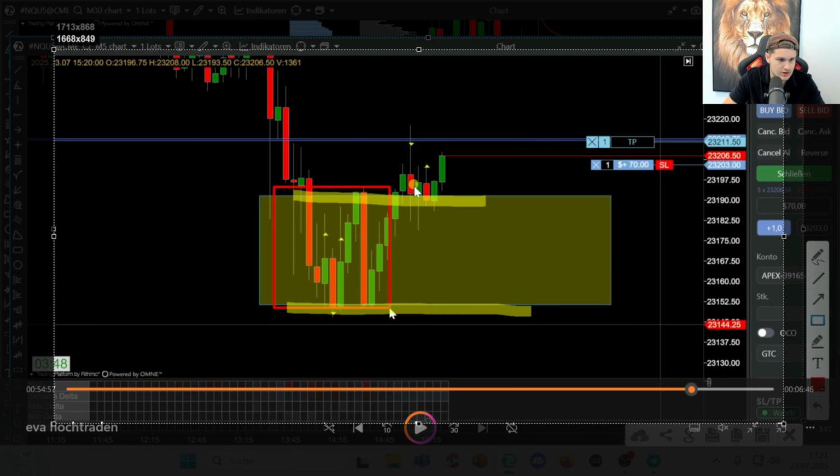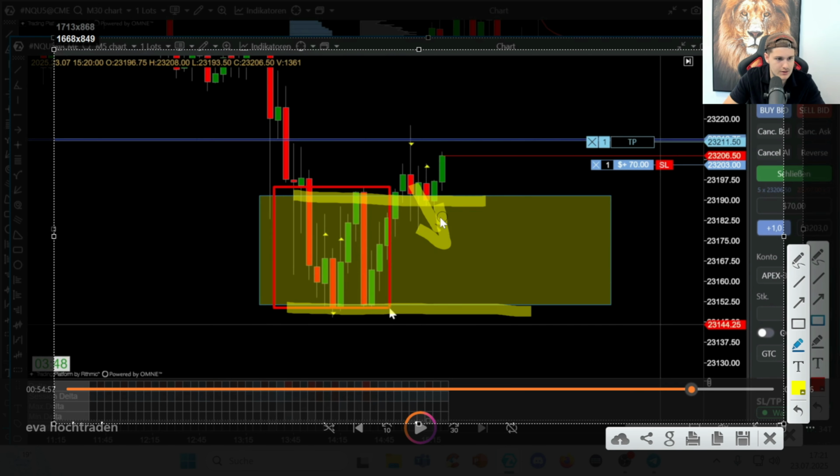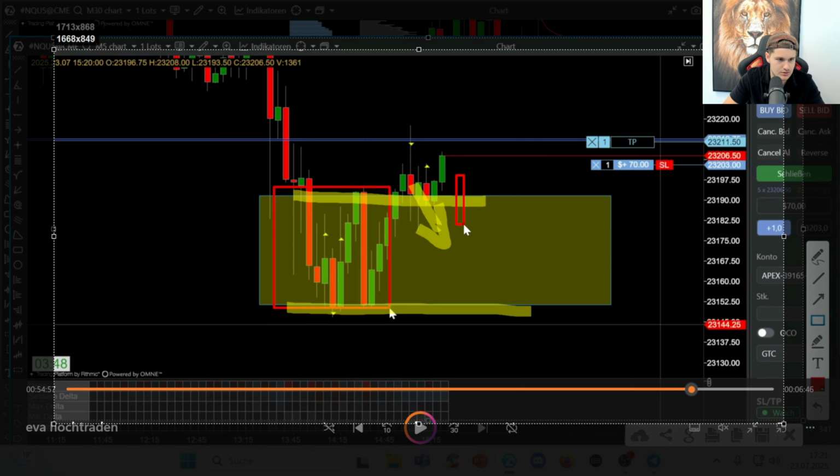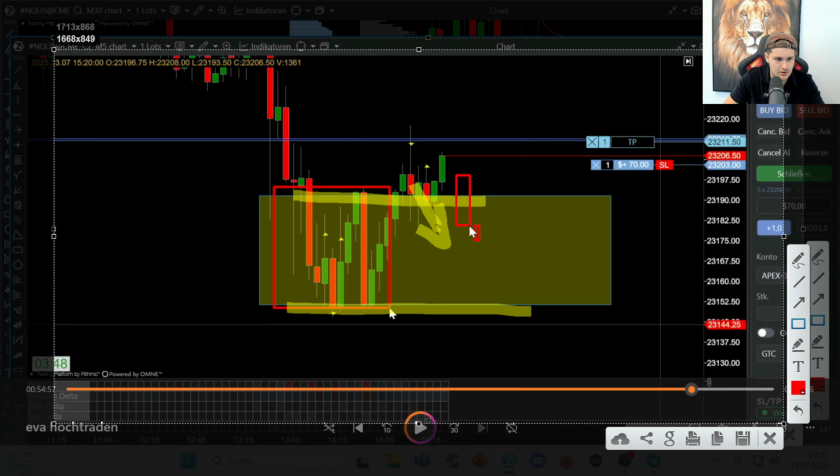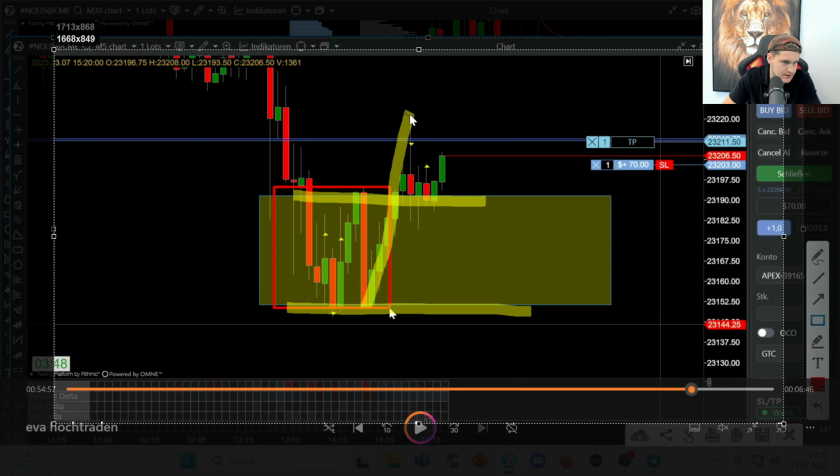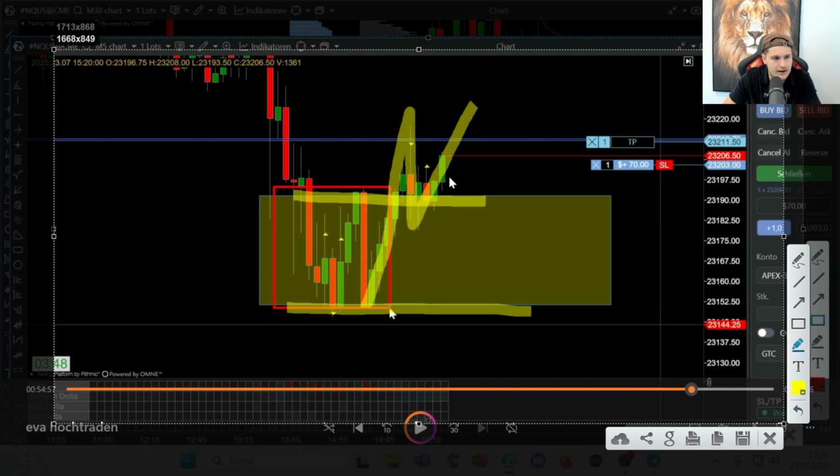As long as we do not close in this zone, and then come up and down again and break through this initial candle which came into our zone, I don't want to go short. So my long was just a technical higher high move that I wanted to anticipate.